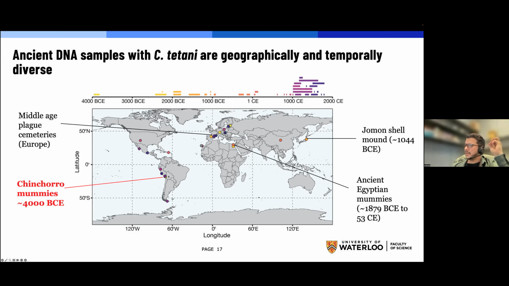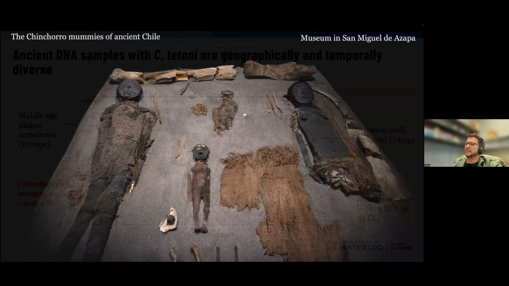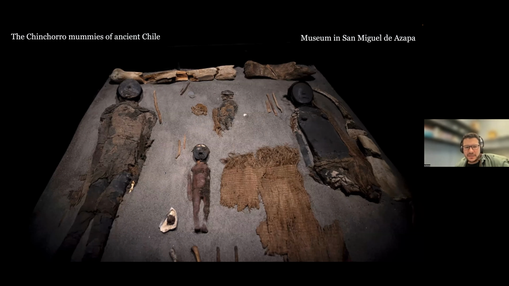In this region of Chile, there are also these samples here that I'm going to highlight. These are going to come up a bit later. These are the Chinchorro mummies that date back to approximately 4000 BCE. These samples are of particular interest because these are actually the oldest known mummies.